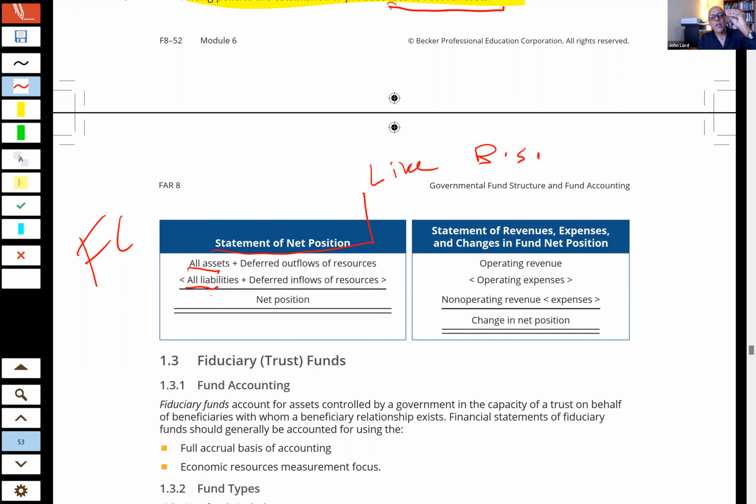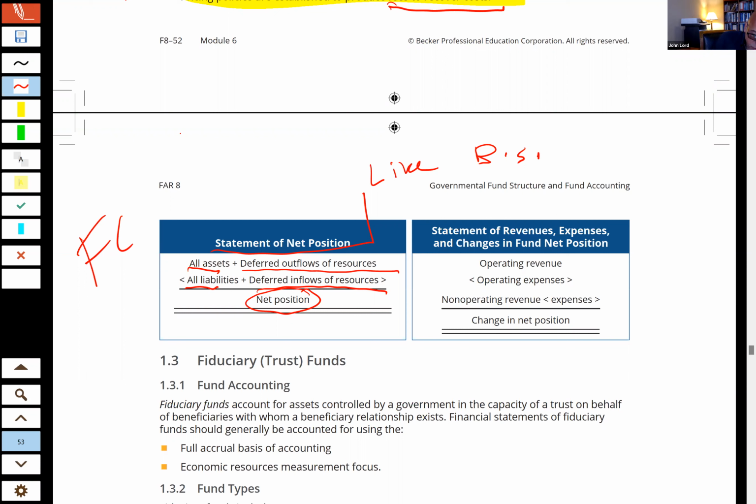So it's both current and long-term assets and liabilities. Notice here, like we saw for the governmental fund balance sheet, we line up the deferred outflows with the assets, the deferred inflows with the liabilities. We subtract the liabilities from the assets, and we end up with net position.